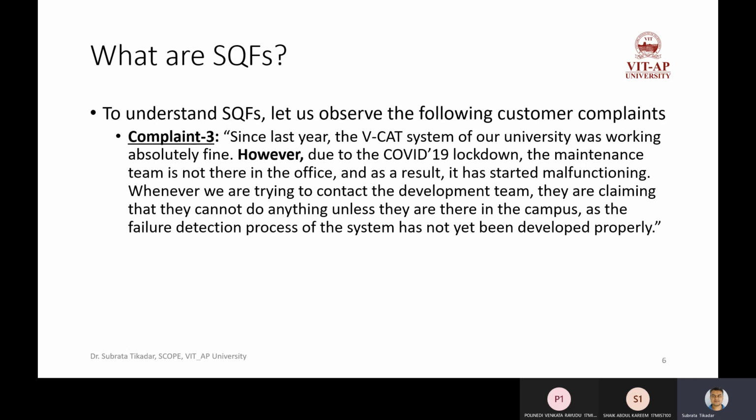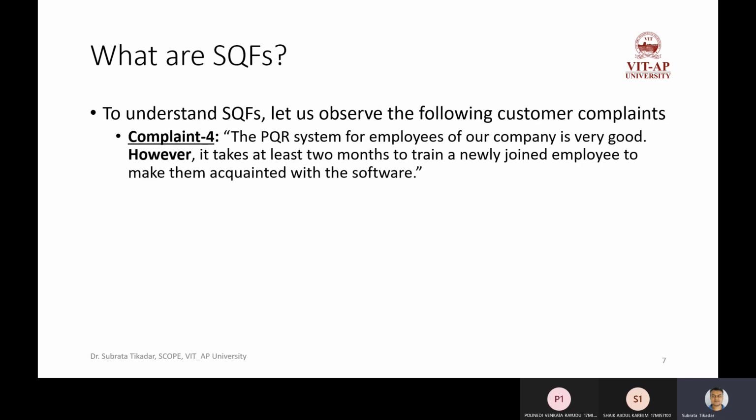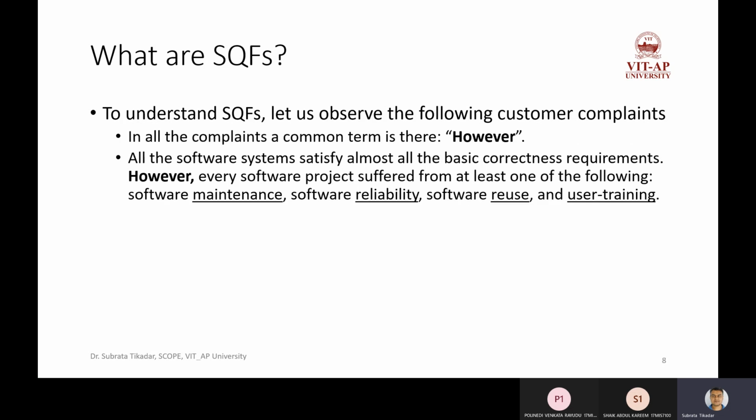Whenever we try to contact the development team, they claim that they cannot do anything unless they are there on the campus, as the failure detection process of the system has not yet been developed properly. Then complaint 4: the PQR system, any random name, for employees of our company is very good. However, it takes at least 2 months to train a newly joined employee to make them acquainted with the software. So these are the 4 complaints.